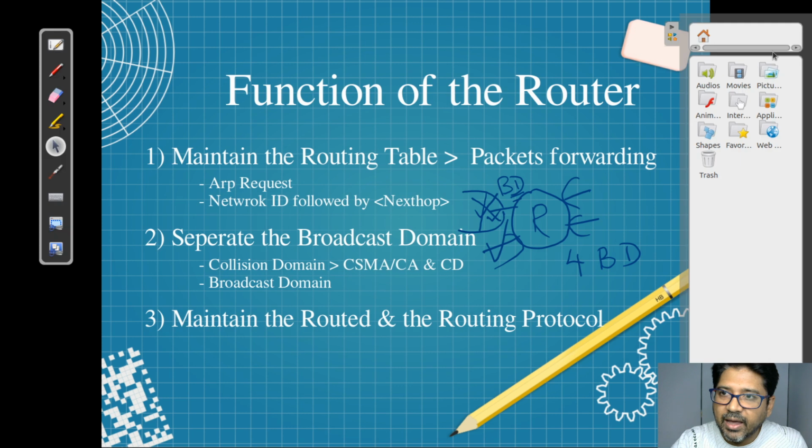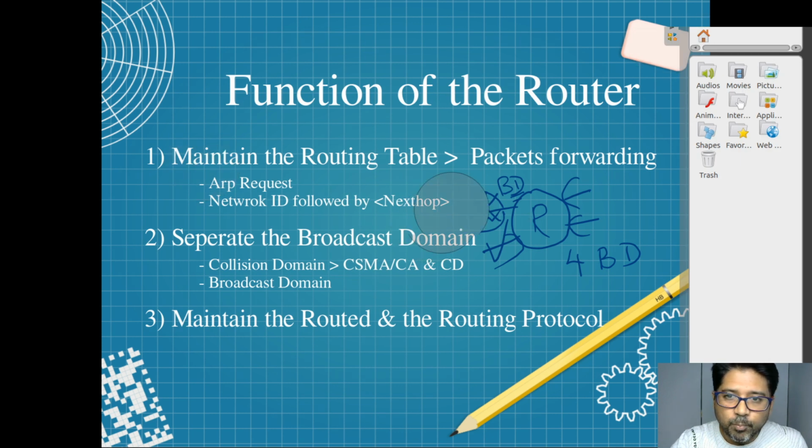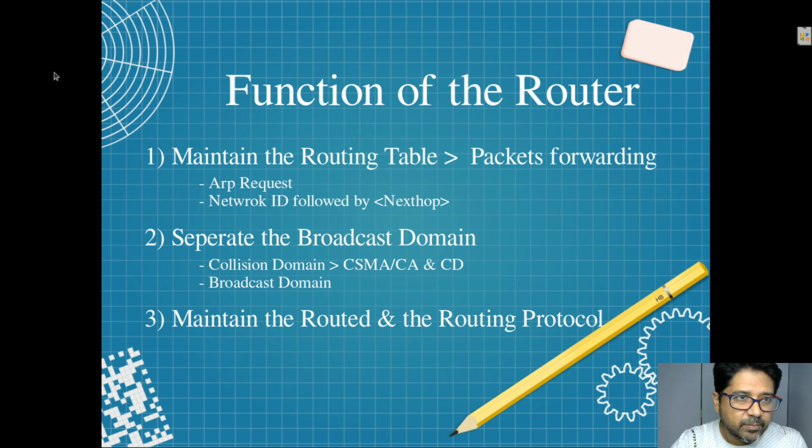The third function we have is called protocol. So we have 2 protocols we should understand at the routing level. First, the routed protocol. The routed protocol is responsible to carry the actual data from source to destination. You should remember, it's not going to define the route. The routed protocol is going to follow the routing table and the selected best route to reach any destination.